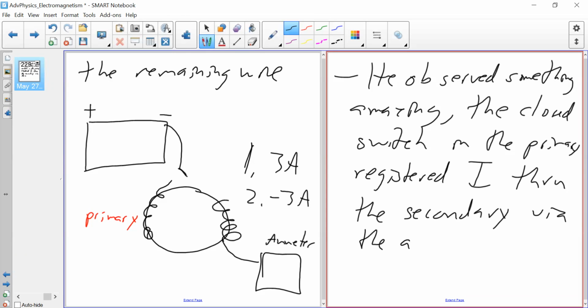Now you can read it out on the ammeter. Then immediately return to 0. So it's like, okay, we have no more current flow, because we have a closed circuit, but why did it go to 0?